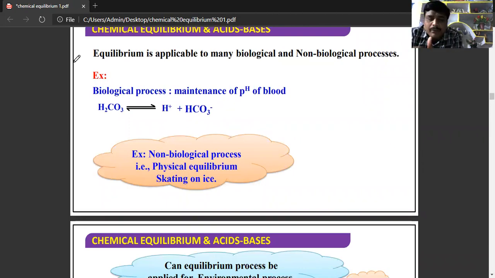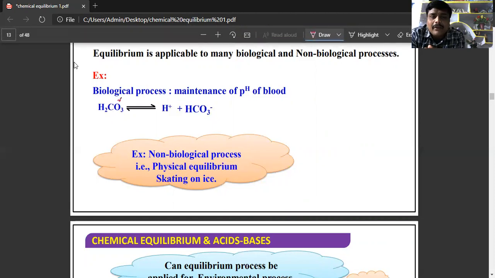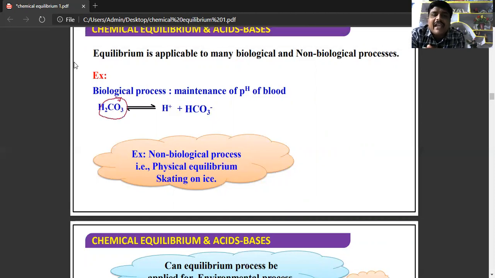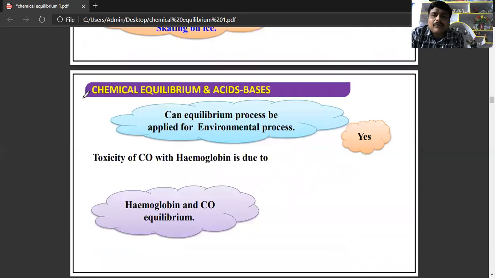For example, a biological process is the maintenance of the pH of blood. In the case of blood pH, carbonic acid is converted into H plus ion and bicarbonate ion. In the case of non-biological processes, skating on ice is an example of physical equilibrium. Equilibrium can also be applied to environmental processes.